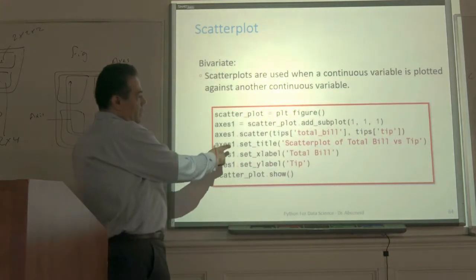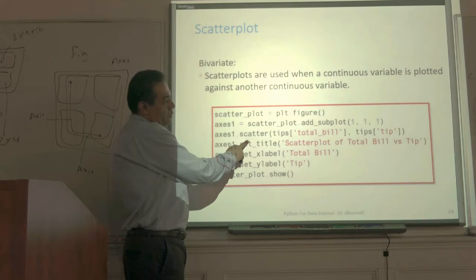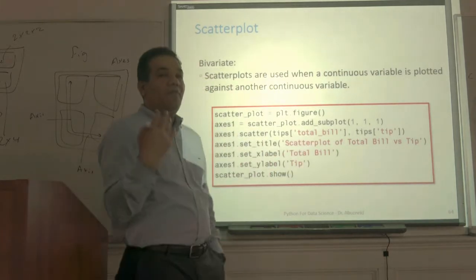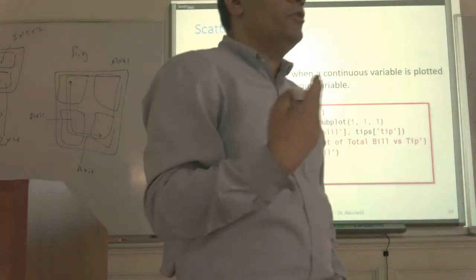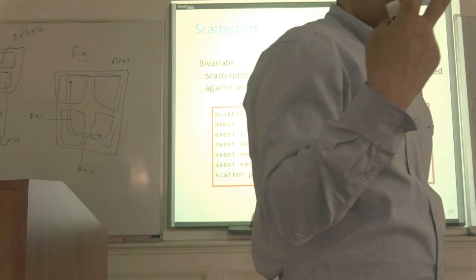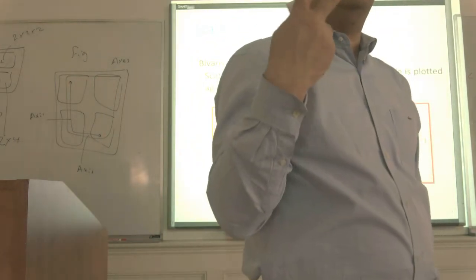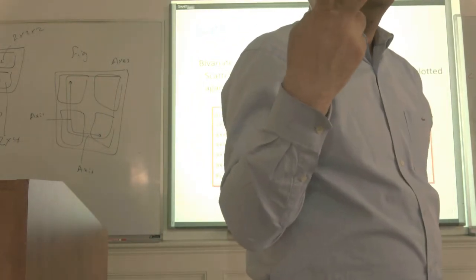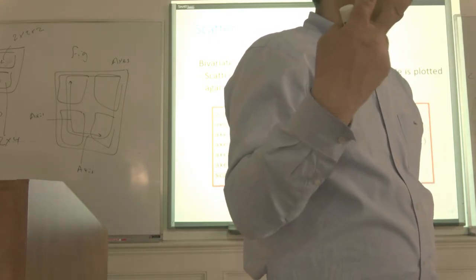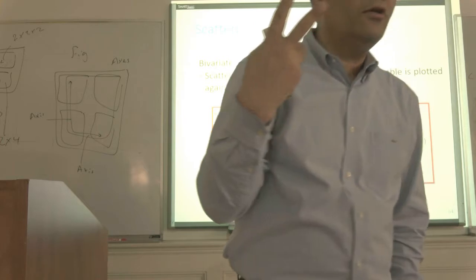Then what I did in here: scatter, tips, total bill. So this is bivariate. That means how many variables does it have? Bi means 2 variables, and the 2 variables have to be discrete or continuous?